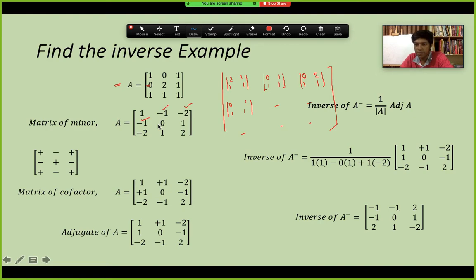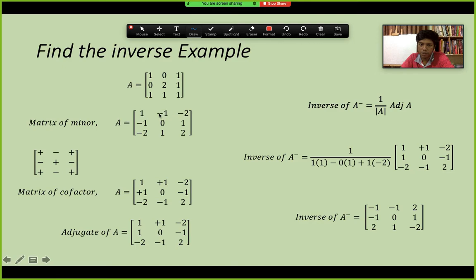So first task is to find out the matrix of minor, and from the matrix of minor, next task is to find the matrix of cofactor. This is easy. For matrix of cofactor, we just have to change the sign using this pattern.